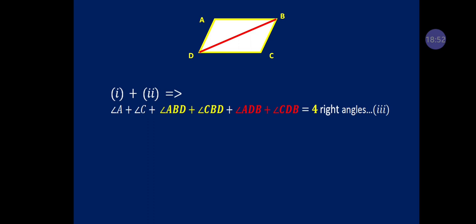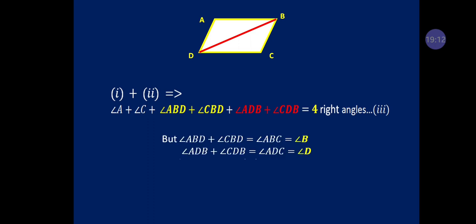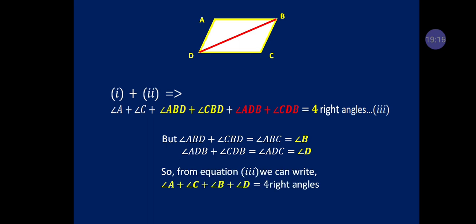Now look very carefully at the picture. The angle B can be written as ABD plus CBD, as I have marked them in yellow color. Again, on the left of the picture, ADB plus CDB can be written as angle D. So as you can see, ADB plus CDB equals ADC, or angle D. So from equation 3, just substitute those values: angle A plus angle C plus angle B plus angle D equals 4 right angles.